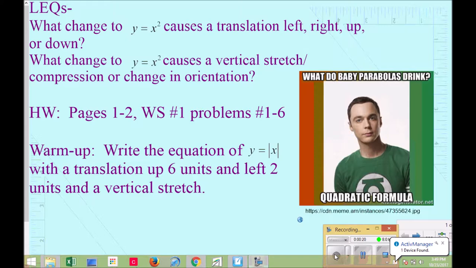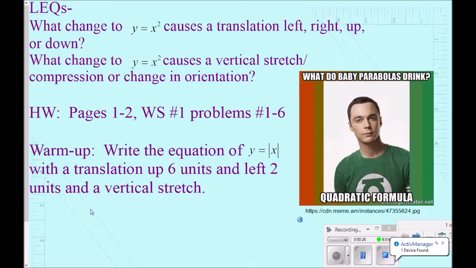Okay, so we learned in Unit 1 how to shift or translate absolute value graphs. So we know that we're going to have y equals the absolute value, and inside the absolute value, we want up 6 and left 2. So left 2 we know is plus 2, and up 6 is plus 6.